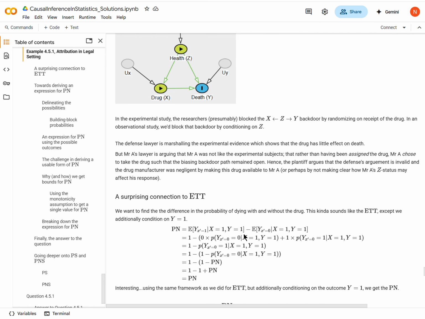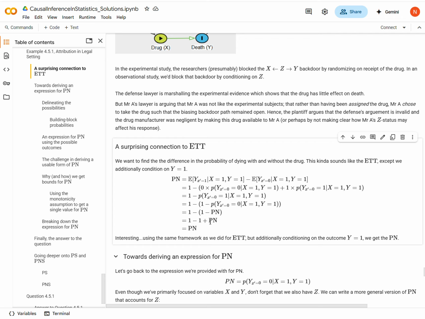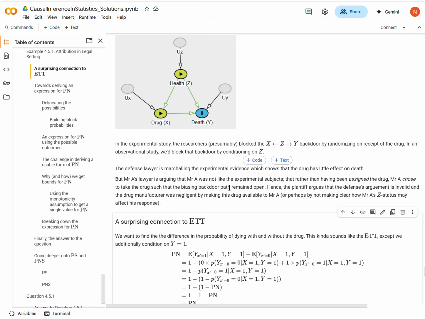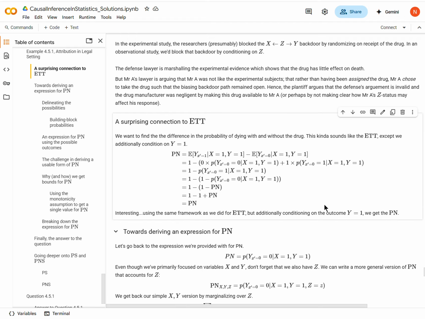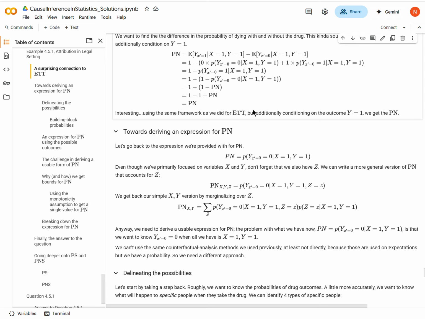So now we have 1 minus the probability of necessity. So the ones cancel out, and we're just left with the probability of necessity. That's interesting, but we still come out with the same expression here. And now that helps me understand maybe where probability of necessity is derived from.